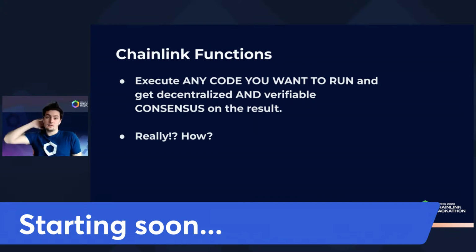Chainlink also has a service called Any API, which allows you basically to execute HTTP GET requests to basically any given API.